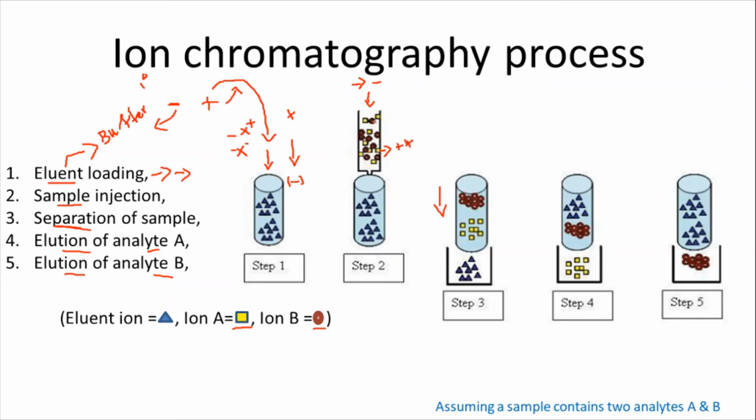Sample B has more positive charge than sample A. Sample A contains small positive charge, sample B contains more positive charge. But the eluent ion has very small positive charge, so there is an ionic gradient among the eluent ion, sample A and sample B.